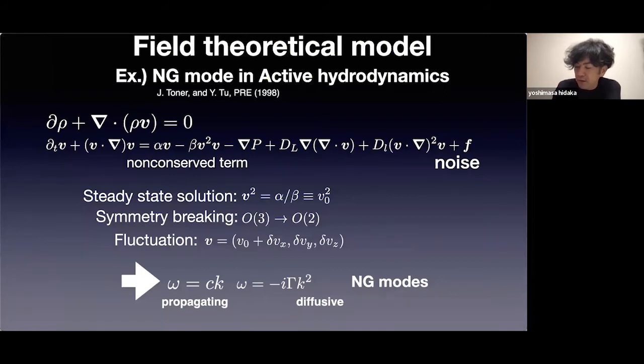But the dispersion is a little bit different. There is one propagating mode. The other mode is not propagating. It's still gapless, but it is a diffusion mode. This diffusion mode is some property of the open system.